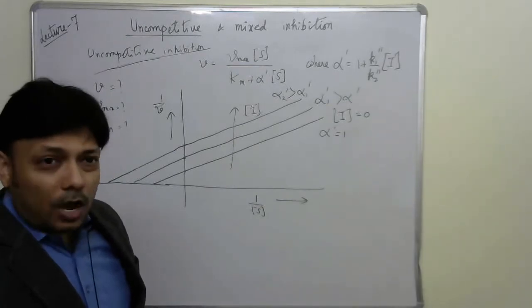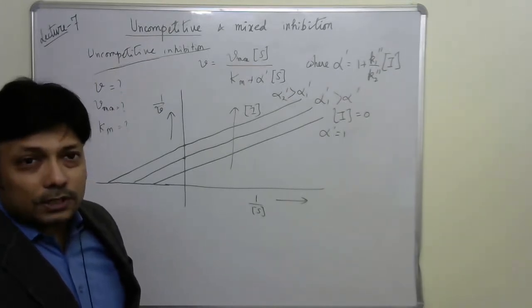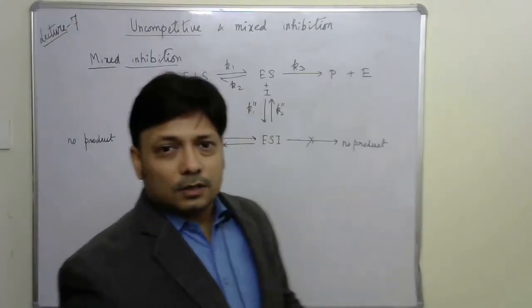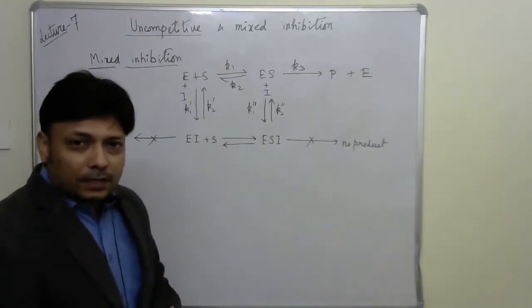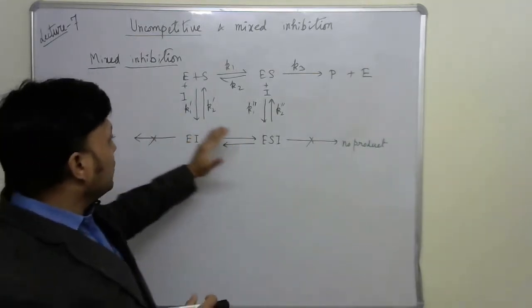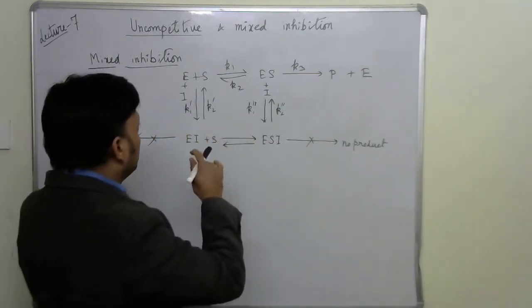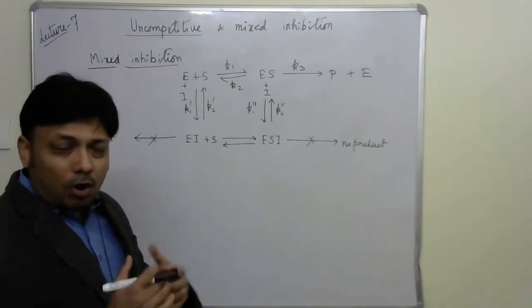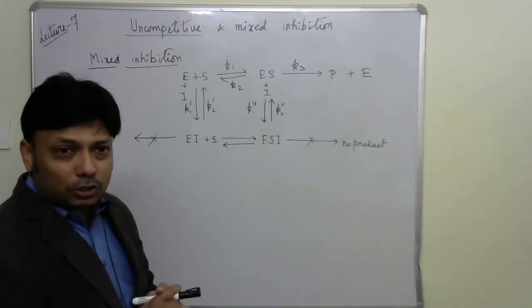Okay. Now let's move on to the last type of major enzyme inhibition, which is mixed inhibition. So let's work it out. When you talk about mixed inhibition, as you see on the board, we have written a reaction scheme that contains both the competitive and uncompetitive inhibition together.